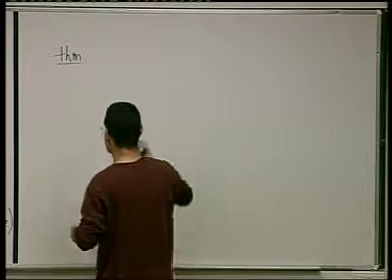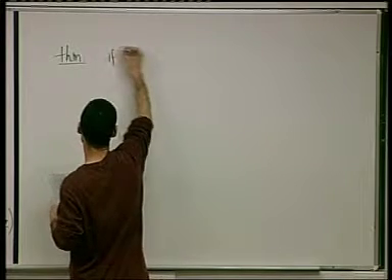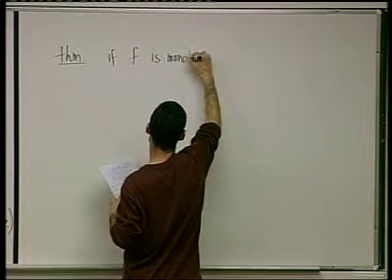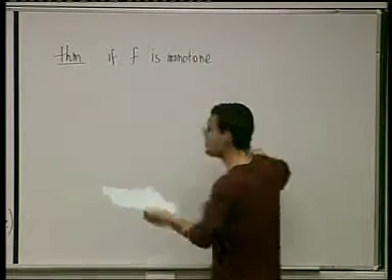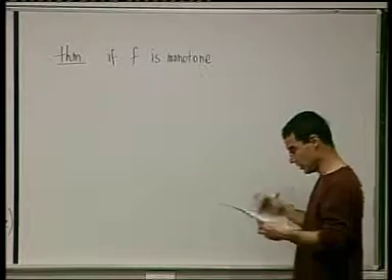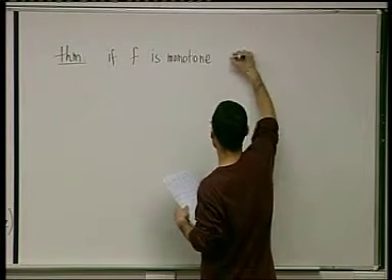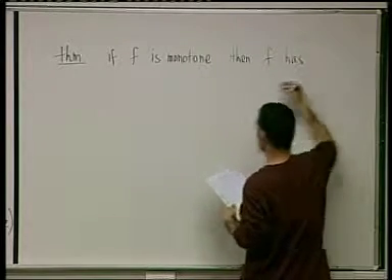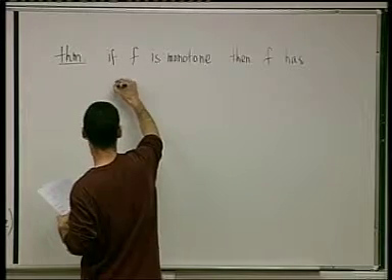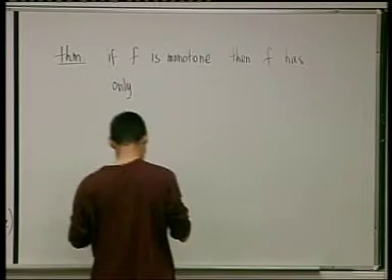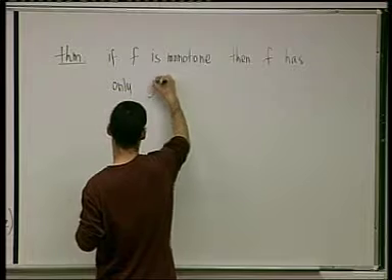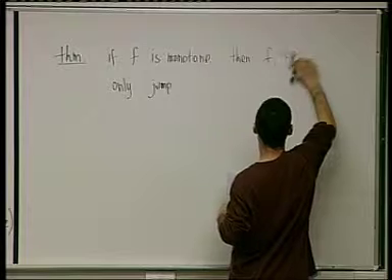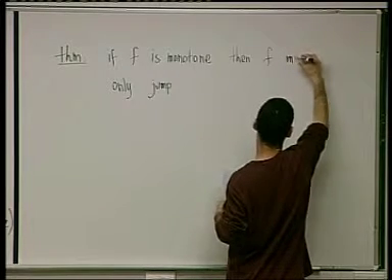And the statement is, if f is monotone on some interval, then f might have only jump discontinuities.